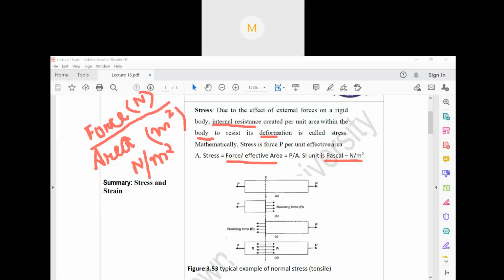Suppose this body is experiencing these two forces. You are pulling the body from both sides, in this direction and in this direction. Now, eventually, what will happen?